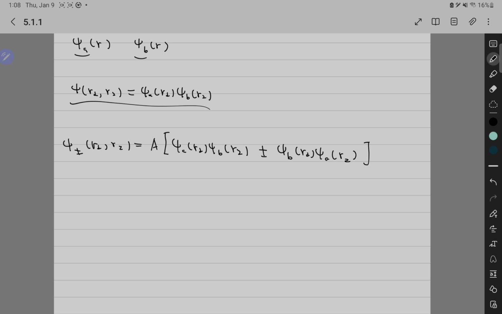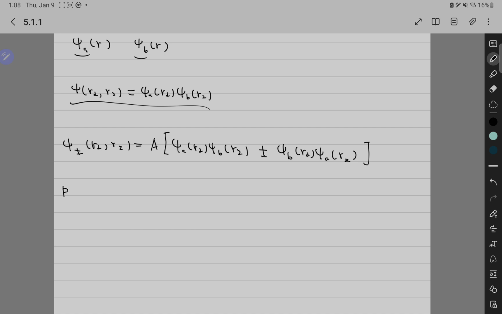So what is the point of this formula? The point is that it includes both possibilities. If we cannot tell the particles apart, we must have a formula that represents a superposition of both possibilities, right? There are two possibilities here.